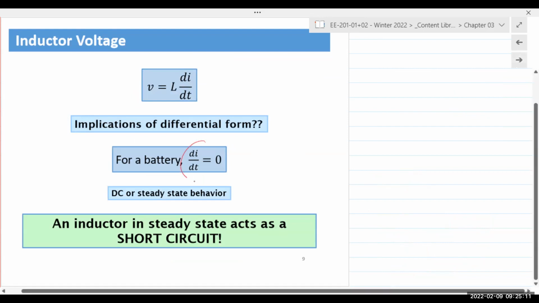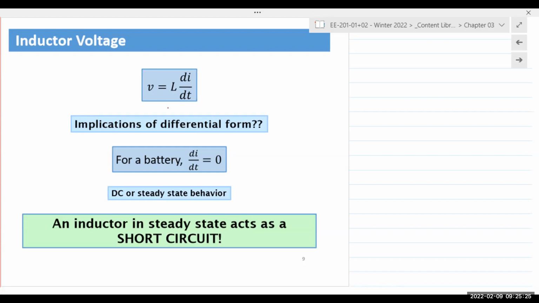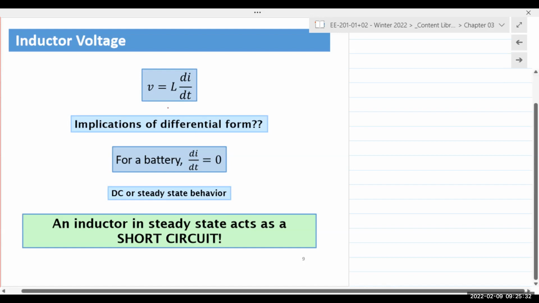And if it's 0, what can we say about voltage? 0, right? Voltage is 0. So DC behavior or steady state behavior for an inductor is that it behaves like a short circuit. Okay, inductor behaves like a short circuit.